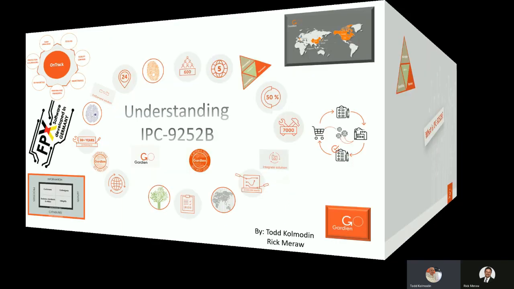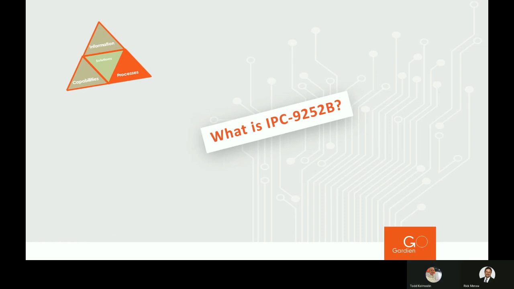Now, historically, there was another IPC specification, which they called IPC ET652, which people that have been in the industry for a long time will know. There's also a TM650, which is the test methodology specification.